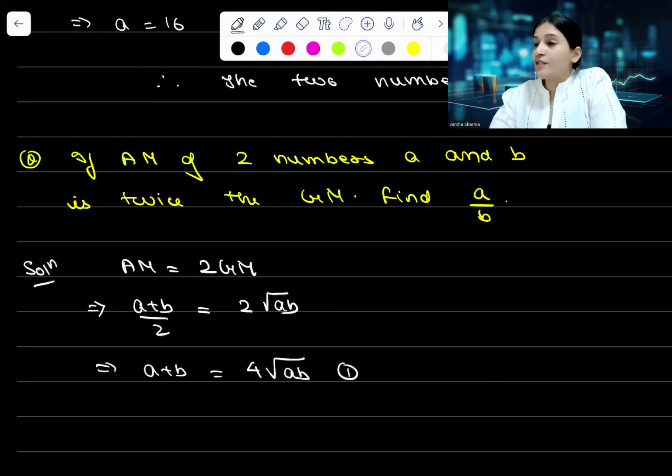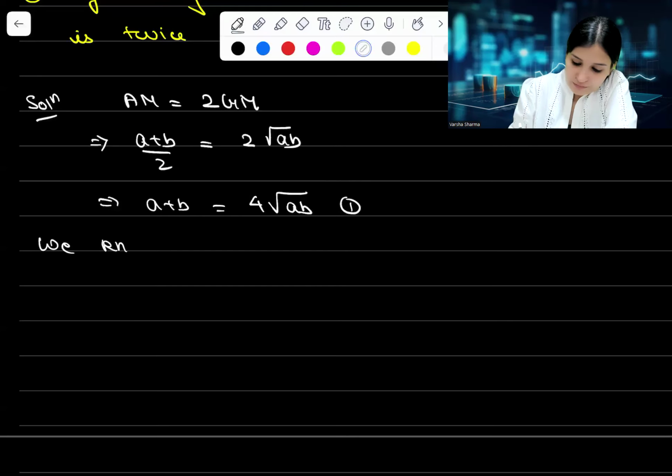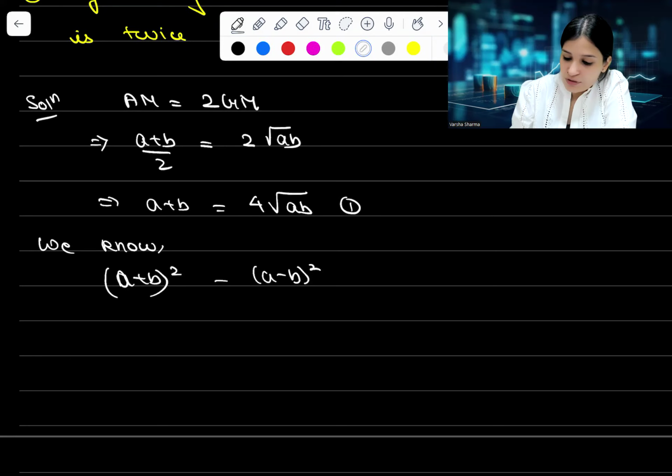Yes. So since it is an AM GM sum, we have already written what was given. Use the algebraic formula. Apply. We know (A plus B) whole square minus (A minus B) whole square equals 4AB.